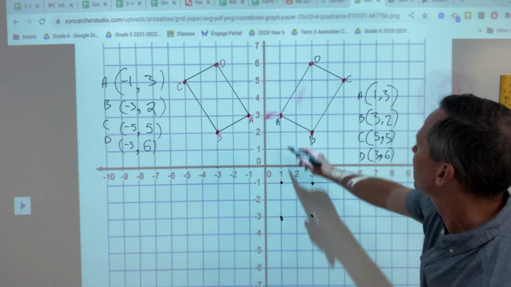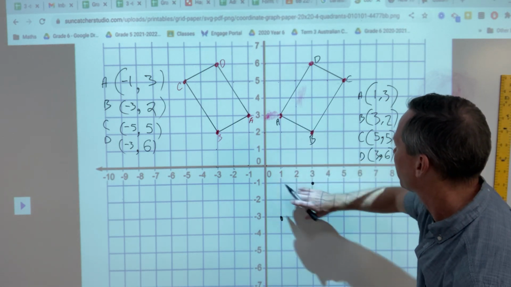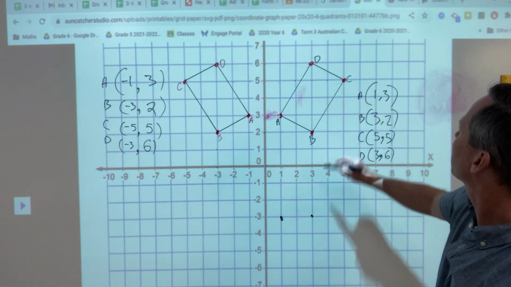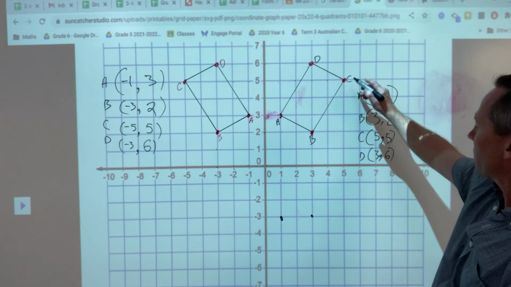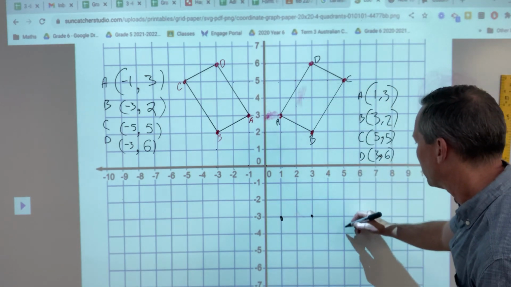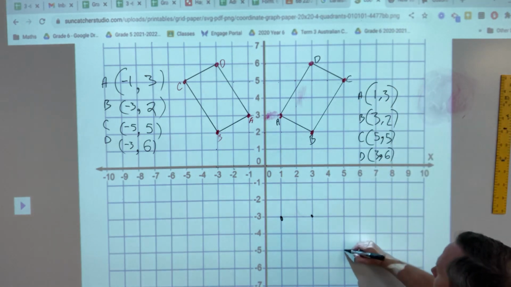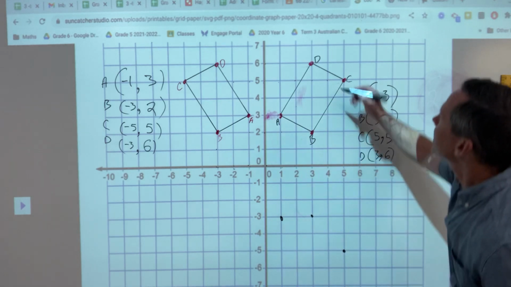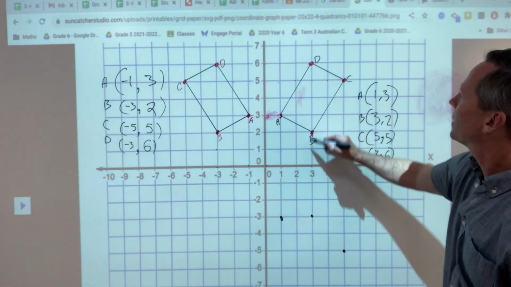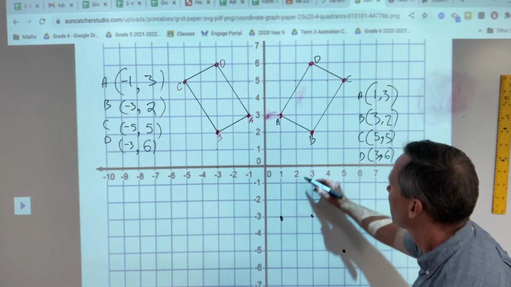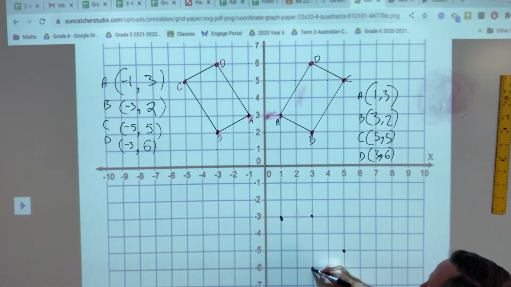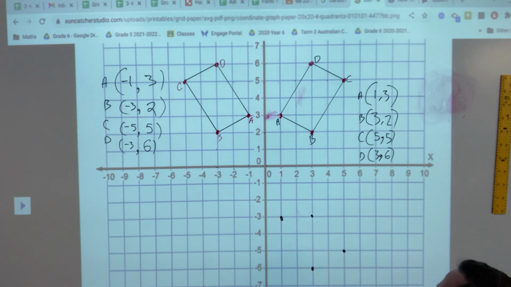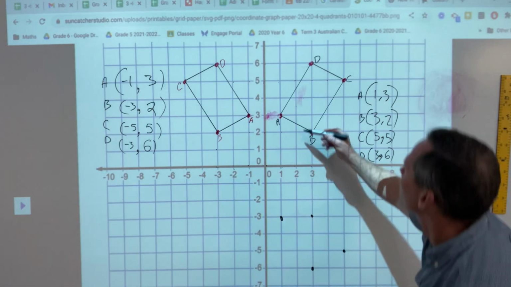Where are we? -1. And here's that one. So what was that? This one here, C. I come across 5. And I've gone up 5, so it must be 5, negative 5. And D, 3, 6, so it would be 3, negative 6 is here. Actually, I think something's not quite right here.